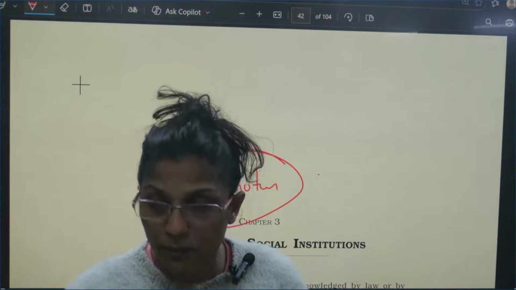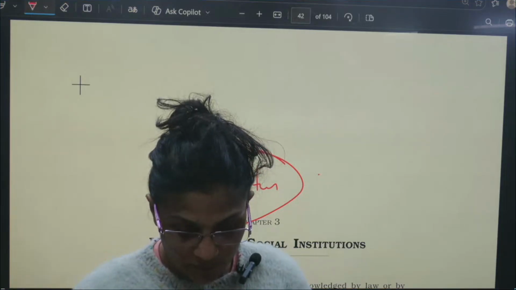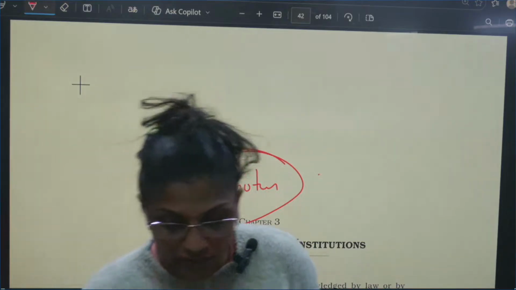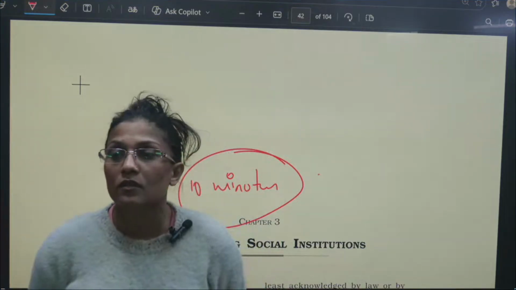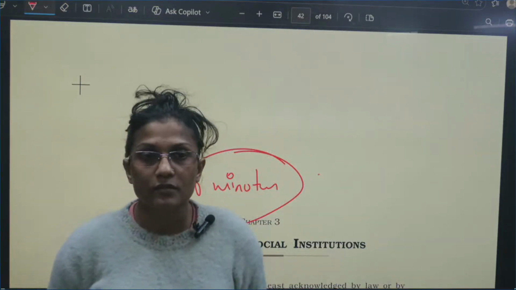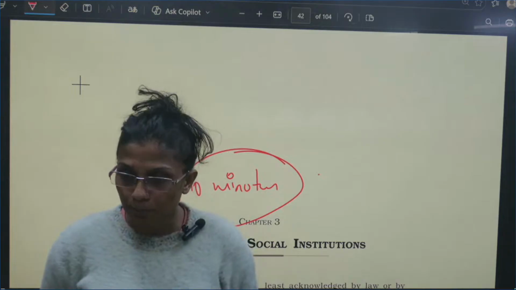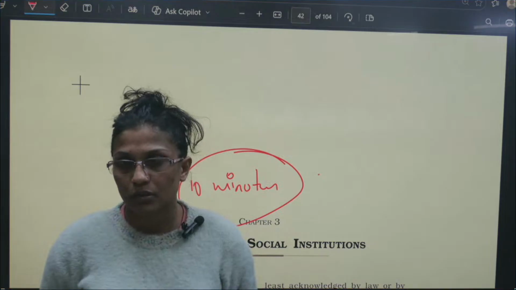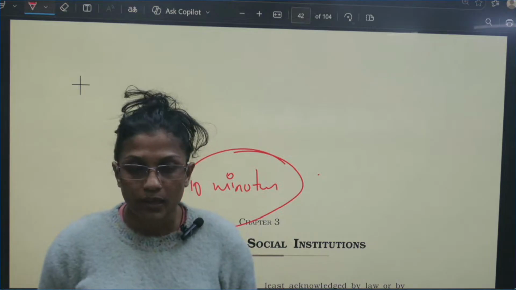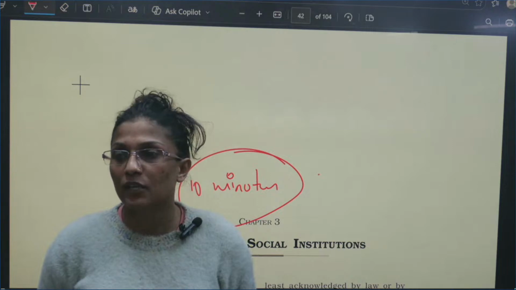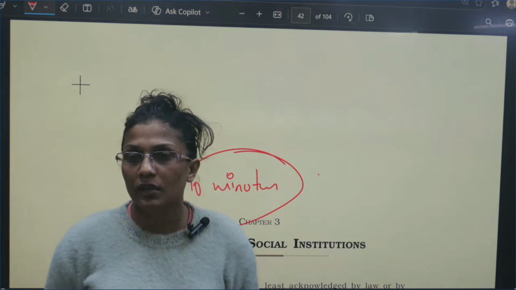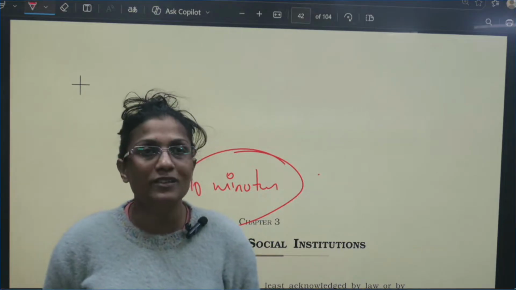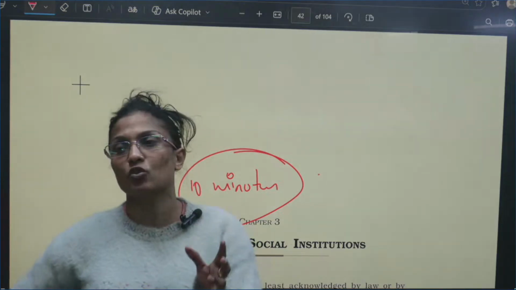सोशल इंस्टीट्यूशन कोई डिफाइन कर सकता है मुझे अब इन इंग्लिश? Social institution refers to a fixed pattern of activities that takes a shape in the form of social structure. Okay? Marriage, family, kinship, religion, economy. So these all are social institutions. Here what is happening? There is an interaction between individuals and society.